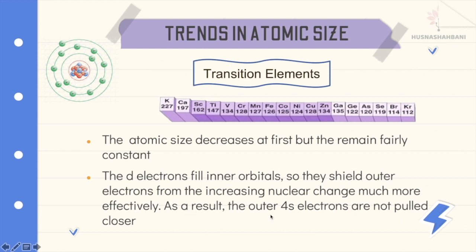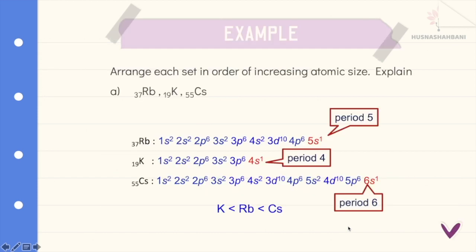As a result, the outer 4s electrons are not pulled closer, because d can fill up to 10 electrons. That's why the 4s electrons are pulled closer just a bit, extremely small.